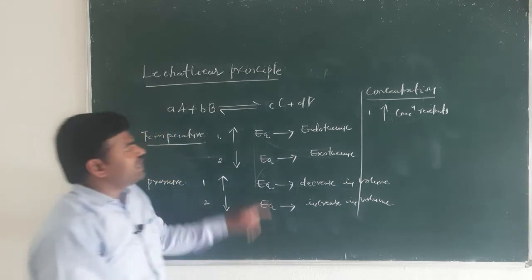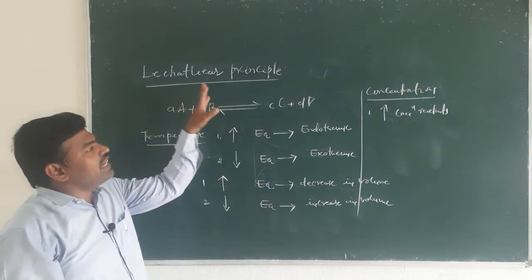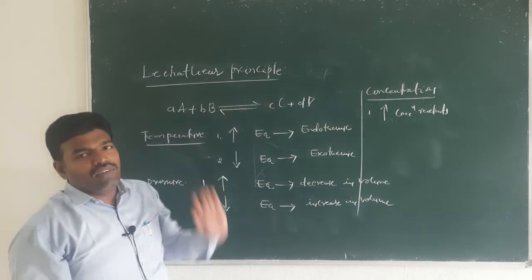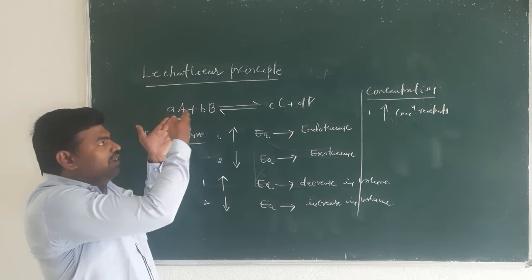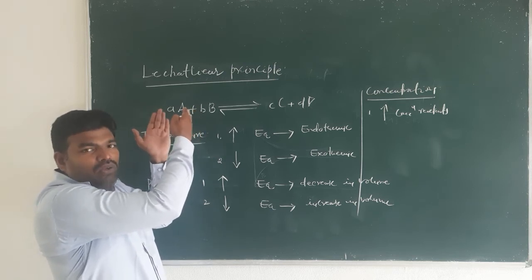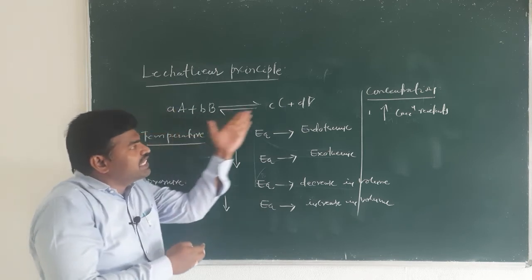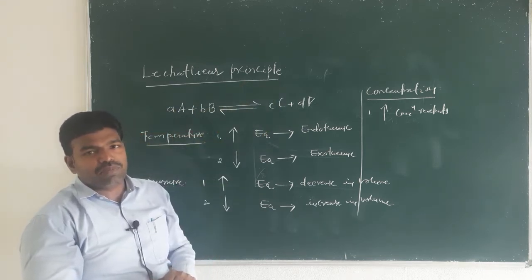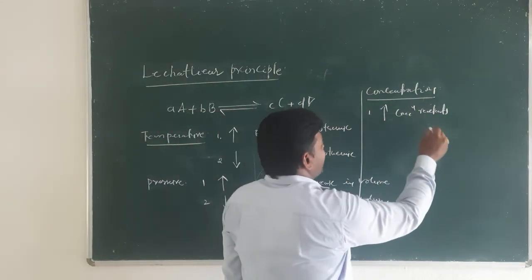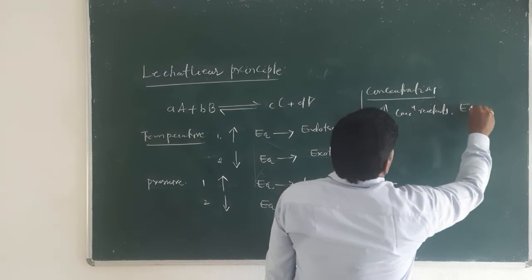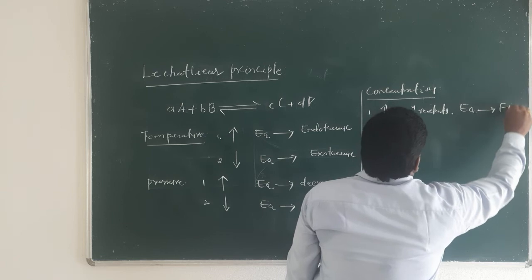When we increase the concentration of reactants, then equilibrium shifts in the direction of forward reaction. We are increasing the concentration, so to nullify and reduce that extra concentration, the reaction proceeds in the forward direction. So with increasing concentration of reactants, equilibrium shifts in the direction of forward reaction.